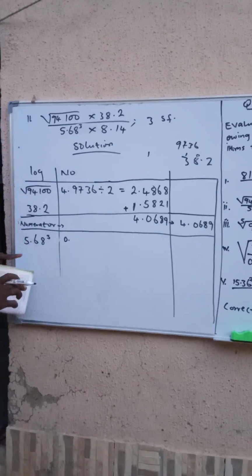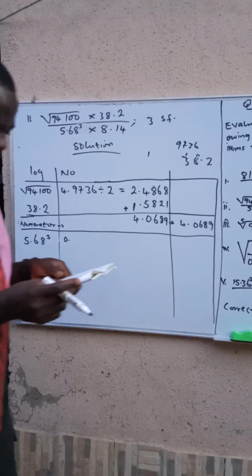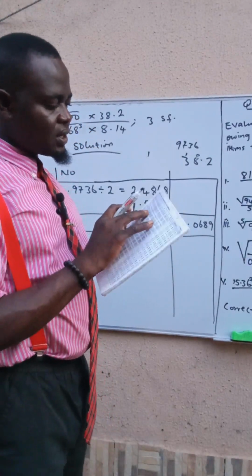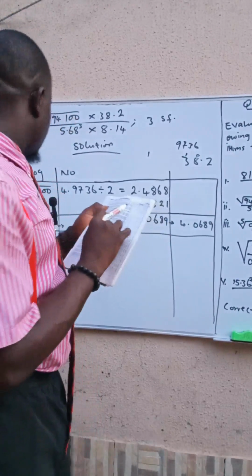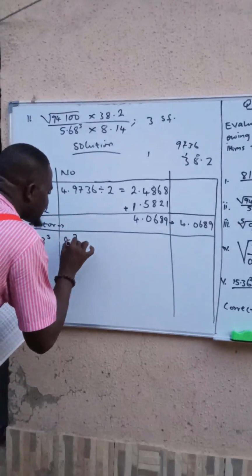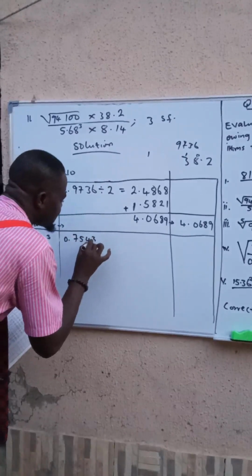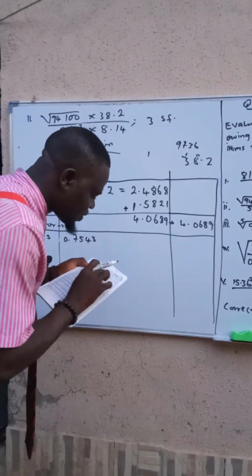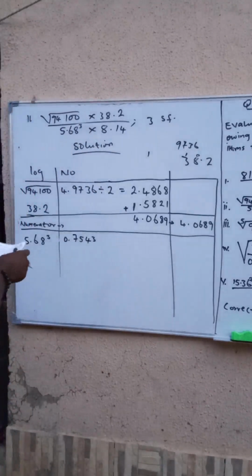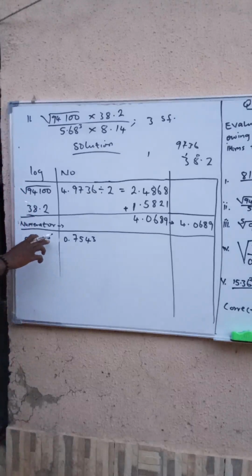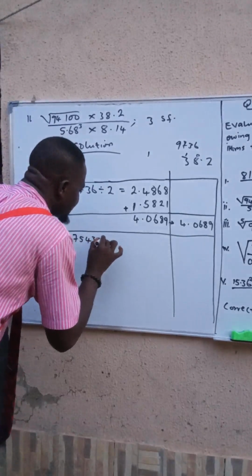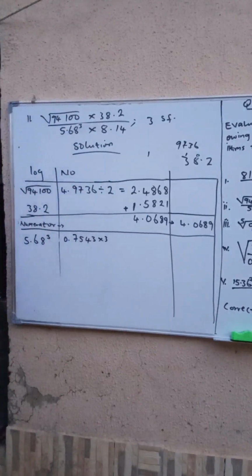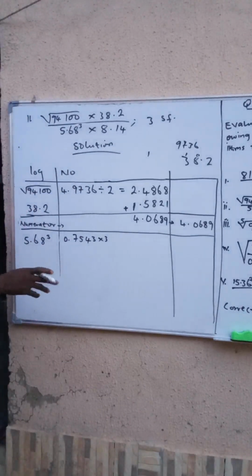Now I have to look for log 56 under 8. Log 56 under 8 is 7543. Log 56 under 8 is 7543. Now, since there is raised to the power of 3, what I'll do here is to multiply. Multiply by 3. If it's cube root, you divide.